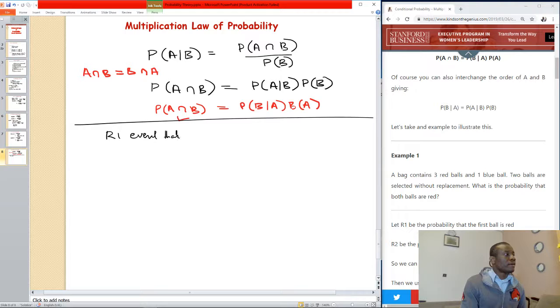So this is actually the event that the first ball is red, not probability. R2 be the event that the second ball is red as well.